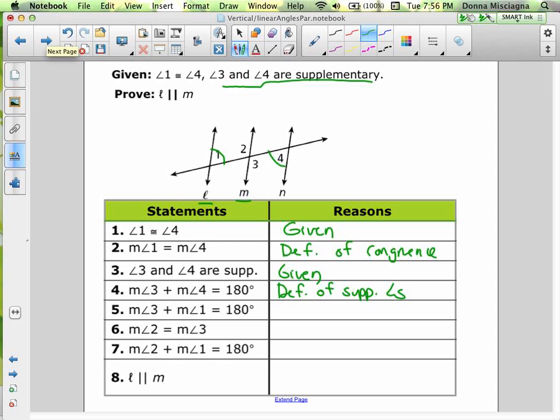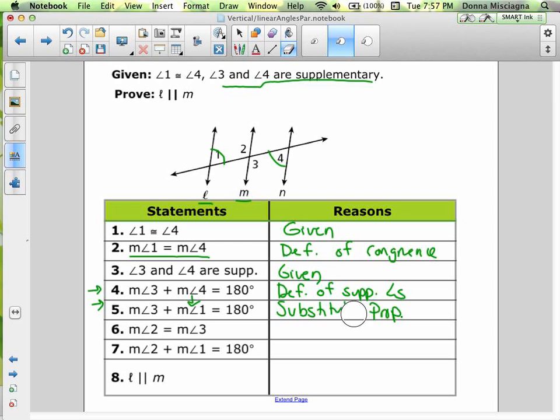Notice 4 and 5 here are the exact same statement, except one thing. 4 has been replaced with an angle 1. We can do that because the measures of those two are equal. You can replace one thing with something it's equal to. If you're replacing something with something it's equal to, you're making a substitution. Substitution property.